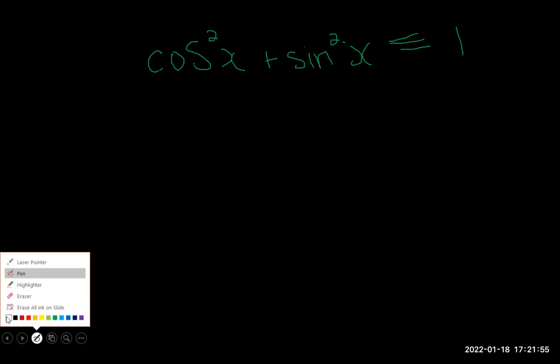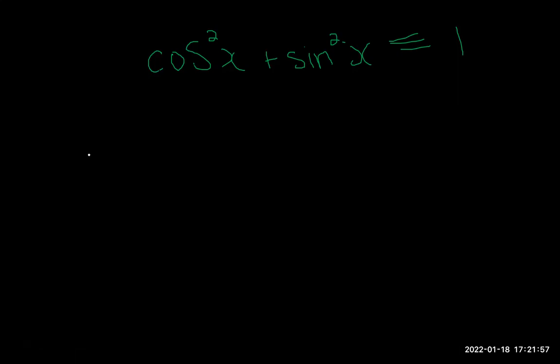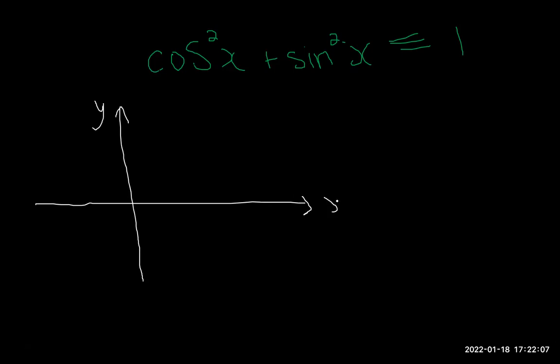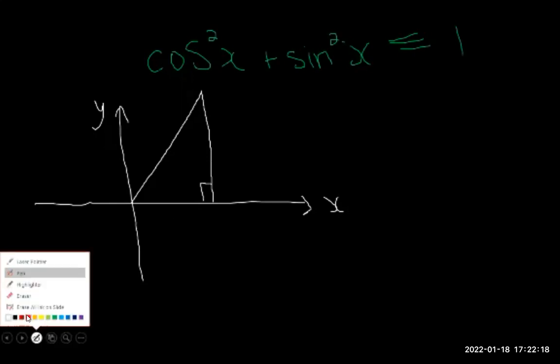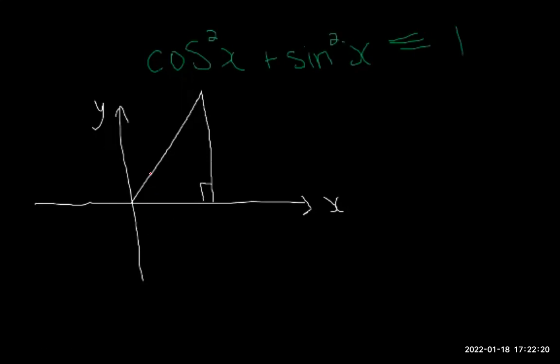Well, let me explain. Say you have a triangle, a right angle triangle. So this is my Cartesian plane, y-axis. This is my x-axis. Say I have a right angle triangle. So this is my right angle here, right? And this is my angle theta. Whether theta is in degrees or radians, it doesn't matter.